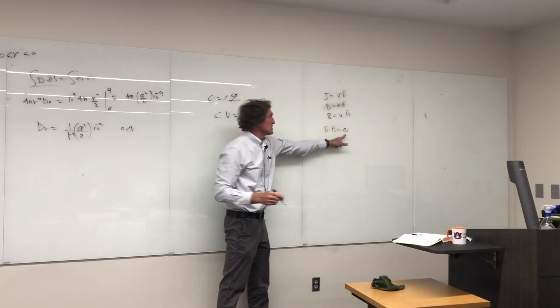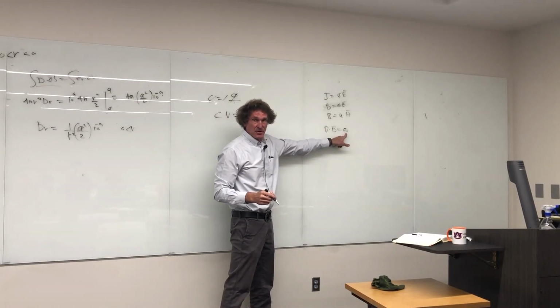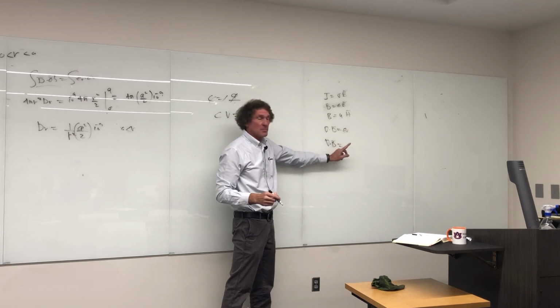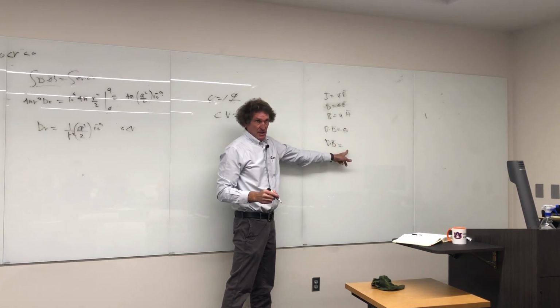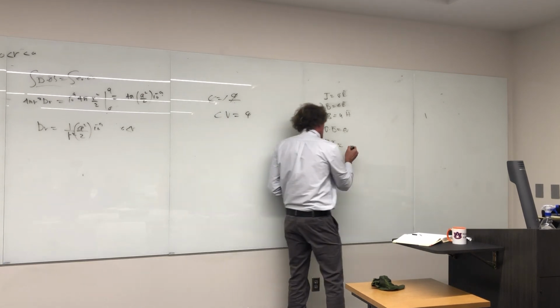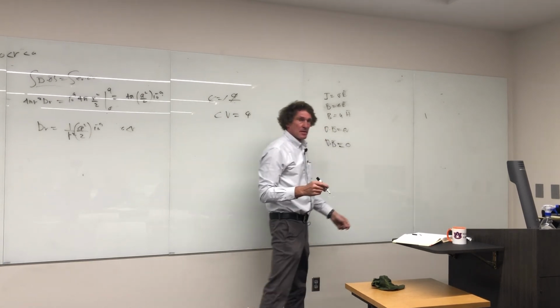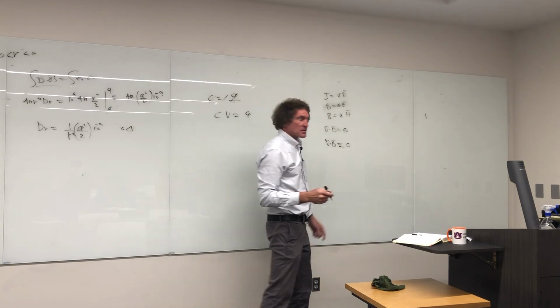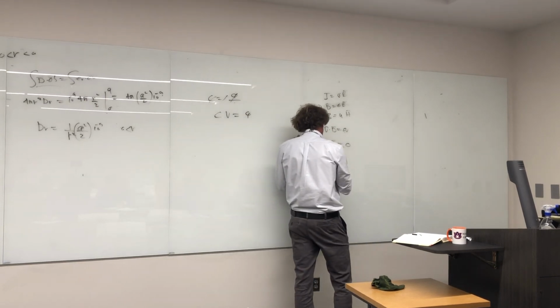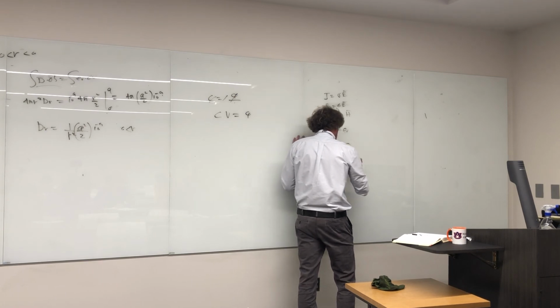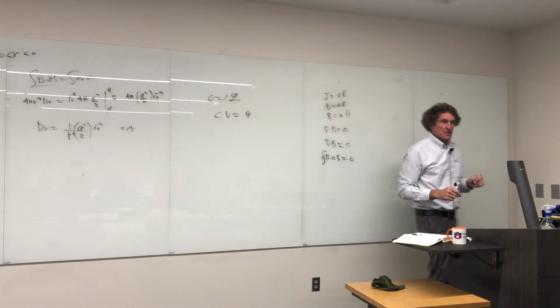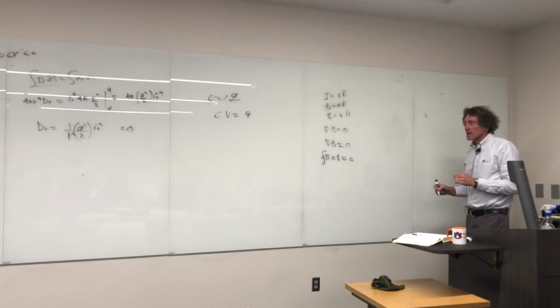If the divergence of D is electric charge density, the divergence of B should be what kind of charge density? Magnetic charge density. Is there such a thing? No, it's 0, not in the macroscopic world. That means also that the integral of B dot dS over a closed surface is 0. They're one and the same. Saying one implies the other.